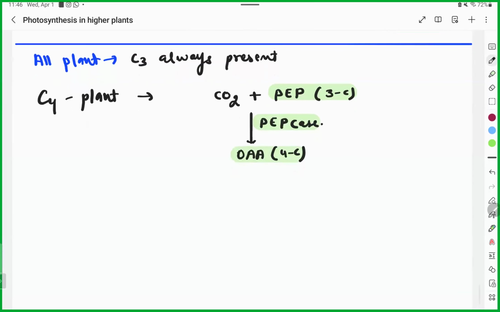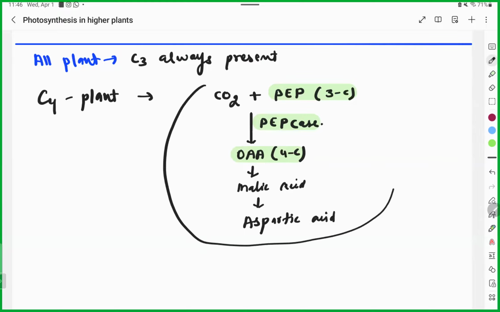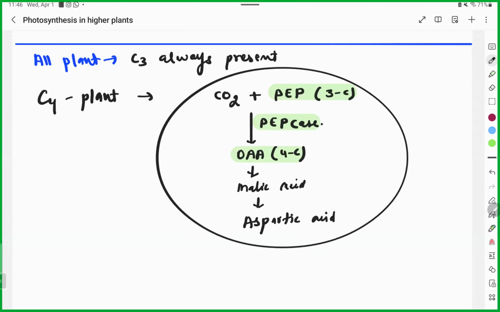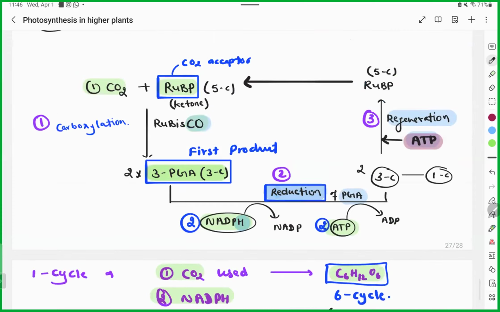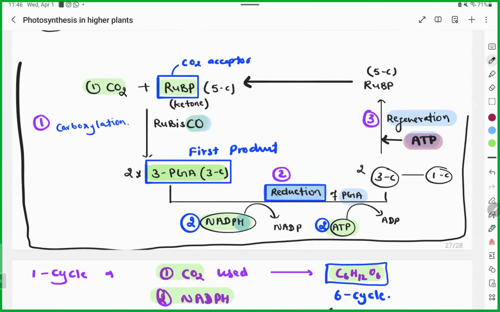Then this oxaloacetic acid converts into malic acid and then aspartic acid. All these things that we have studied happen in the mesophyll cell. Even what we studied in C3 cycle happens in mesophyll cell.